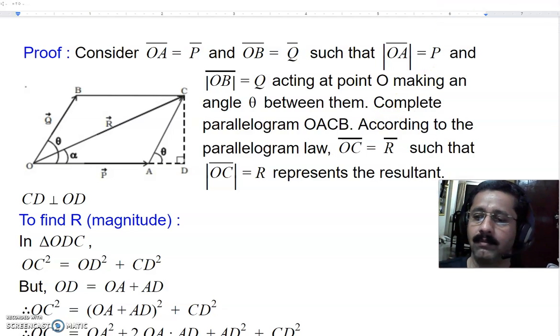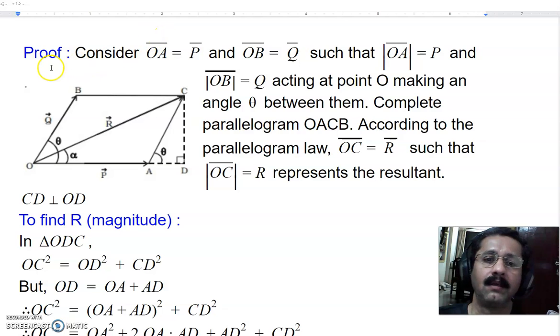Here in this mathematical proof, let us consider in the diagram two vectors.